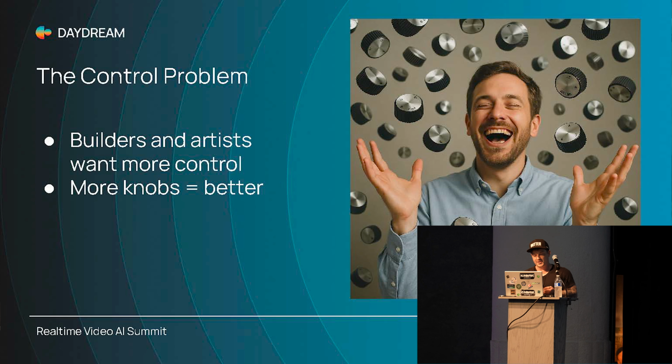All right. So the reason that we added a bunch of stuff to Stream Diffusion is because builders and artists and open source developers and people building products, they all want more control. More knobs is better.